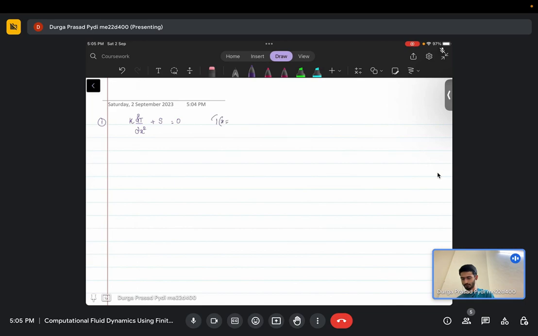It is also given that k equals 1 and s equals 1.